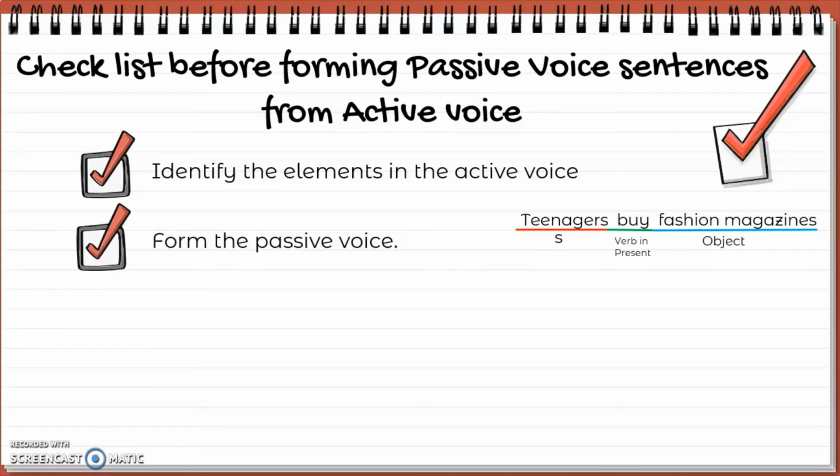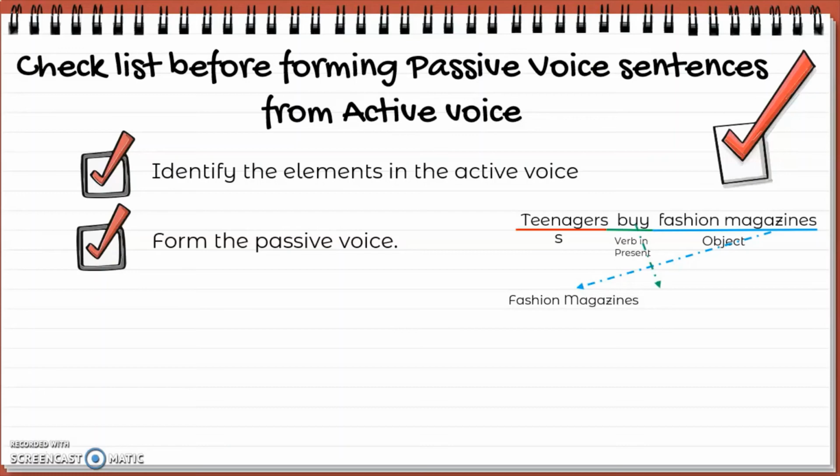Okay? Then you have to form the passive voice. Remember, for the passive voice, the object now becomes the subject. So we write first fashion magazines. The verb goes in the same place, but in this case the verb is in present. Remember that we use the auxiliary verb to be in present, so we have to write the verb to be and buy in past participle, which is bought.